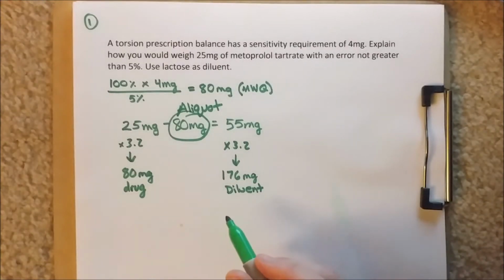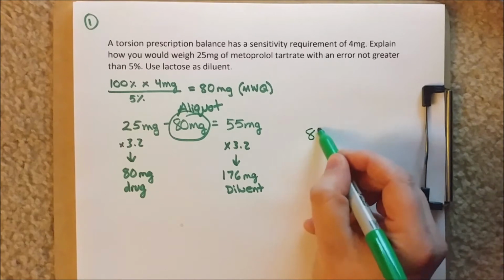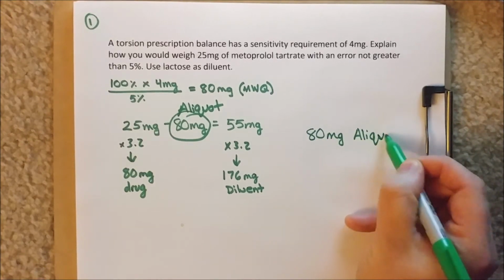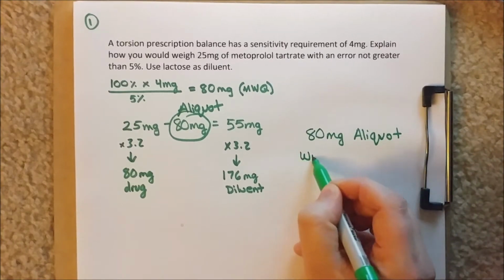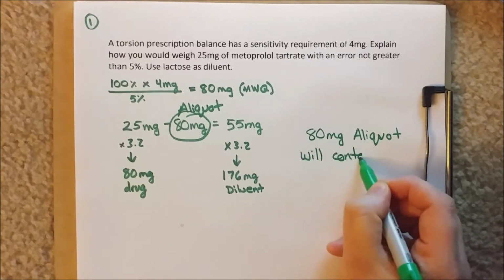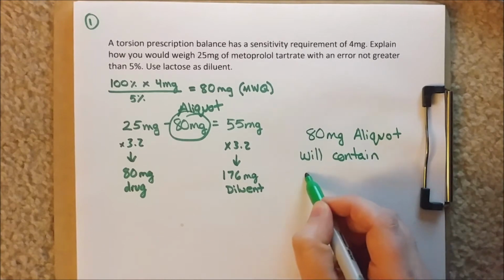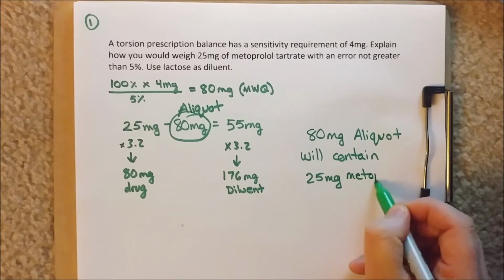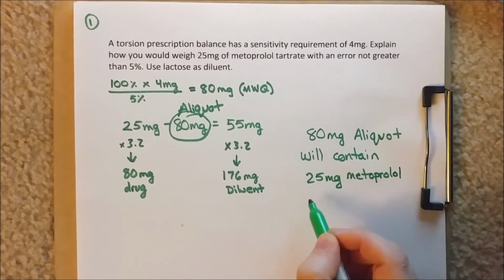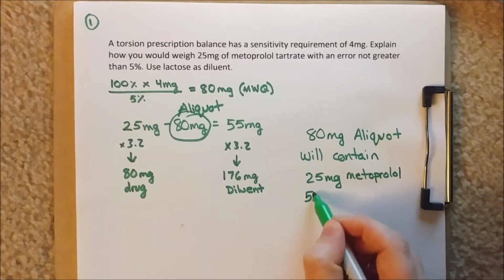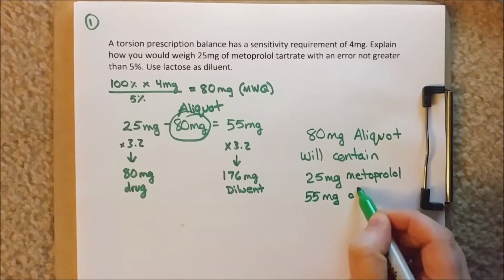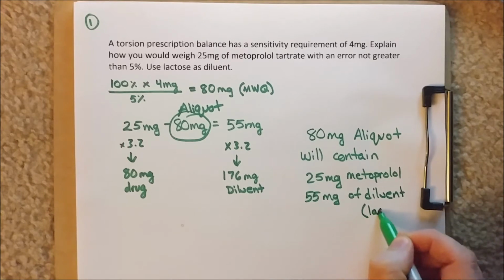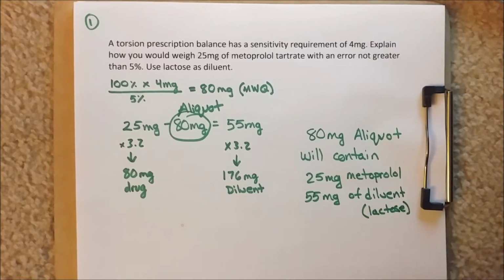So from here, each 80 milligram aliquot that you take will contain 25 milligrams of metoprolol, as well as 55 milligrams of diluent, which in our case is lactose. And that's it.